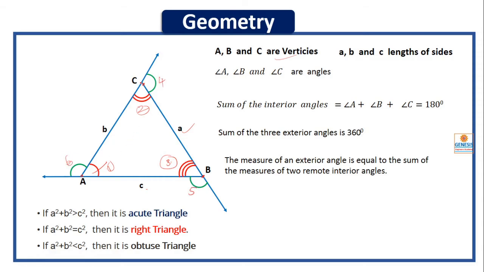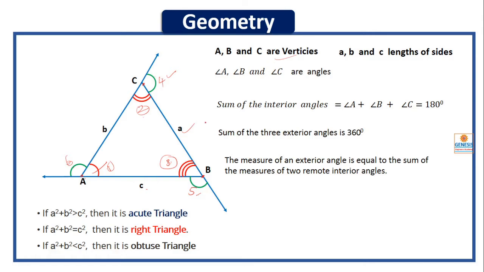For angle C, the exterior angle is 4 and the interior angle is 2. For B, 3 is interior and 5 is exterior. For A, 1 is interior and 6 is exterior.